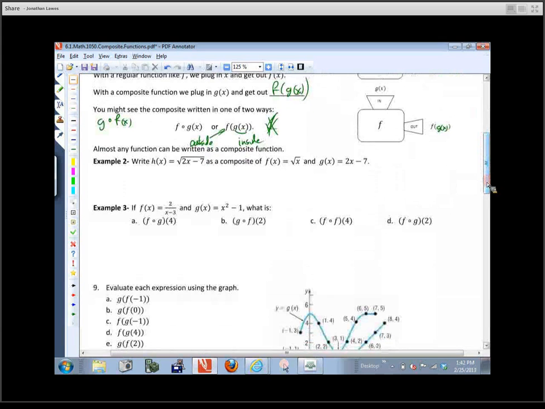Okay, so now we're going to take the same two functions and we're going to look at how we can think of them as a composite. So I can write a new function, h of x, as a composite of these two functions right here. So I've got h is the square root of 2x minus 7. It's a composite of the square root function and 2x minus 7. What got plugged into what here?